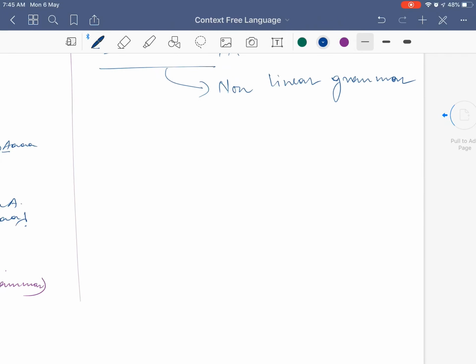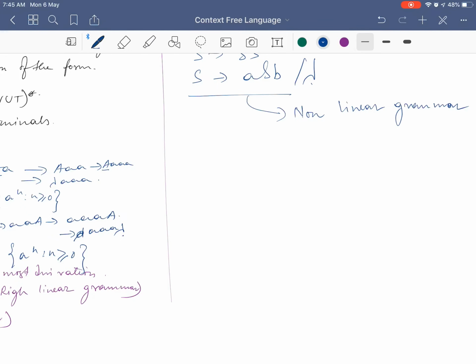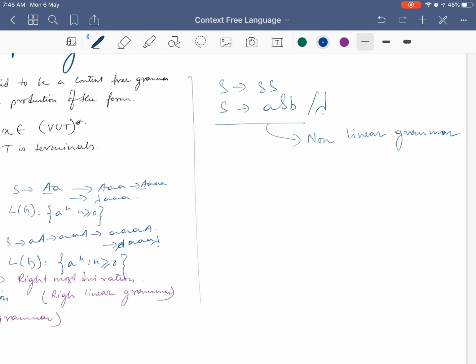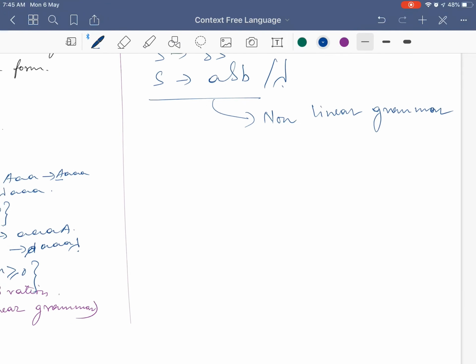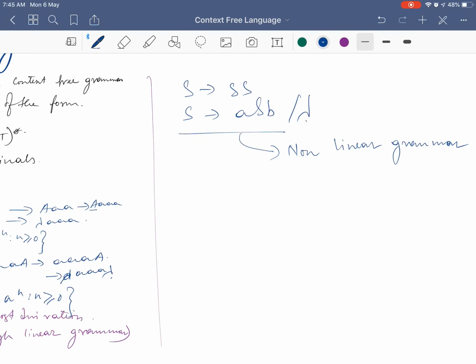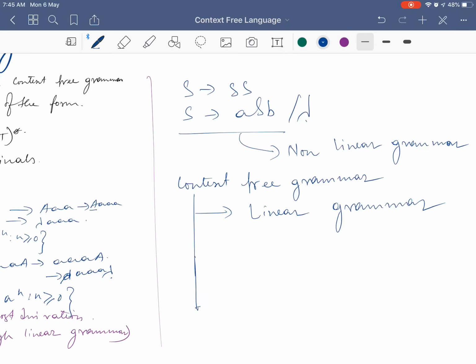Now I can say that in the case of a context free grammar, there are two parts: one is linear grammar, another is non-linear grammar.